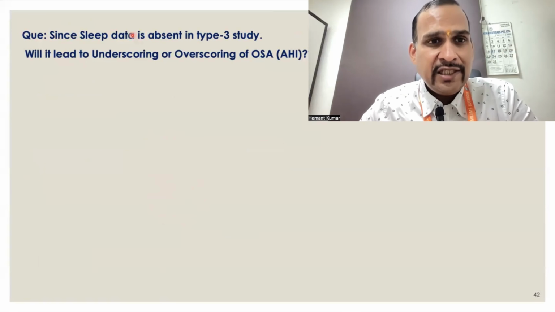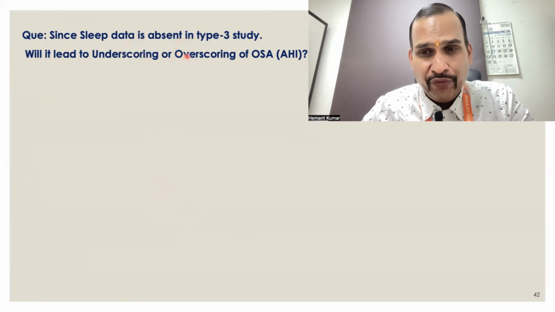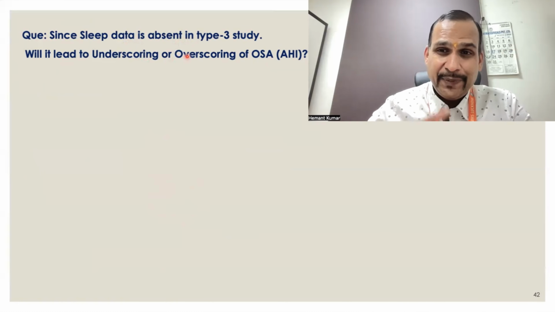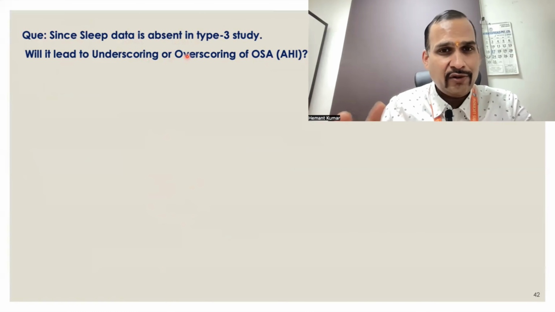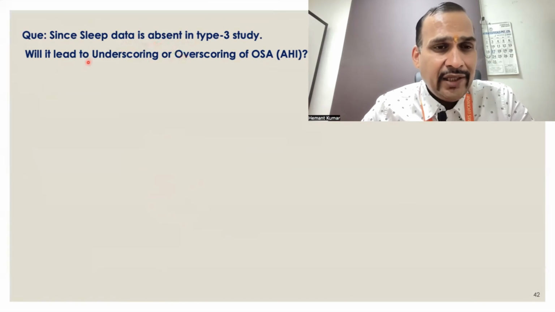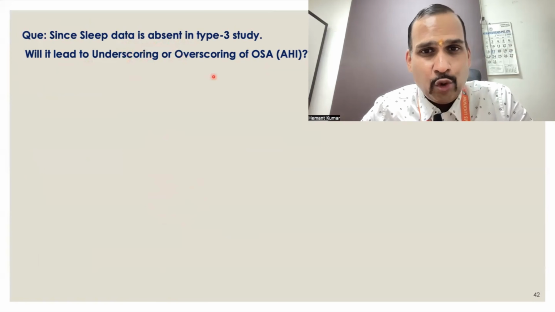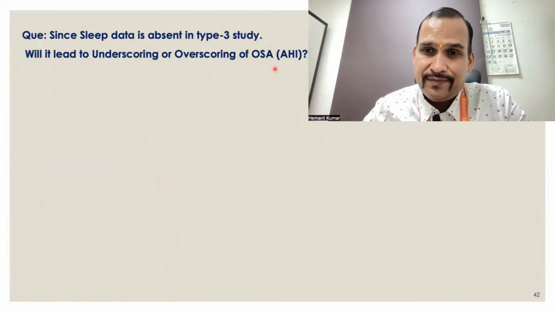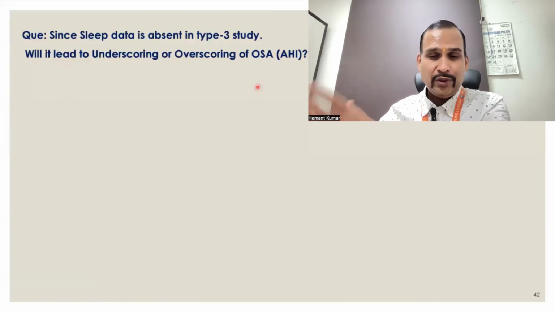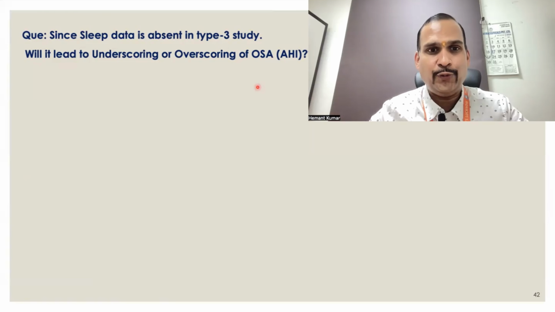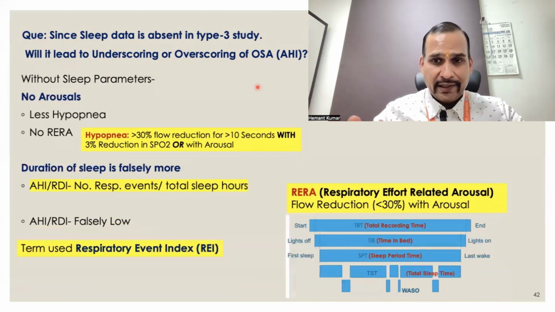Since sleep data is absent, as I told you, we cannot identify sleep latency, REM latency, wake after sleep onset. We cannot identify whether it will lead to underscoring or overscoring of OSA. It will tell less AHI or more AHI as compared to the actual AHI. This is a question for you. So think.